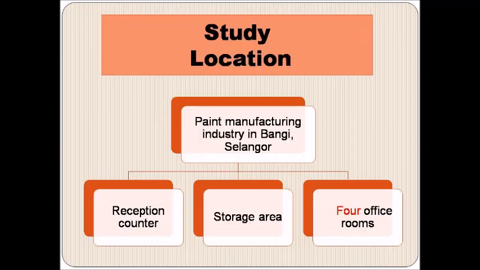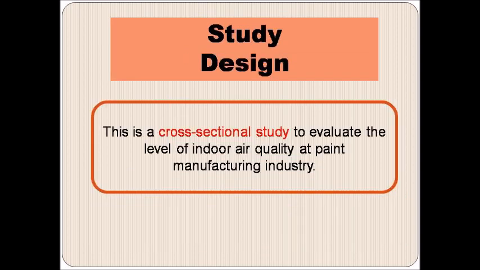The study location is at a paint manufacturing industry in Bangi, Selangor. It involves 6 specific locations: the reception counter, storage area, and 4 office rooms. Study design. This is a cross-sectional study to evaluate the level of indoor air quality at the paint manufacturing industry.